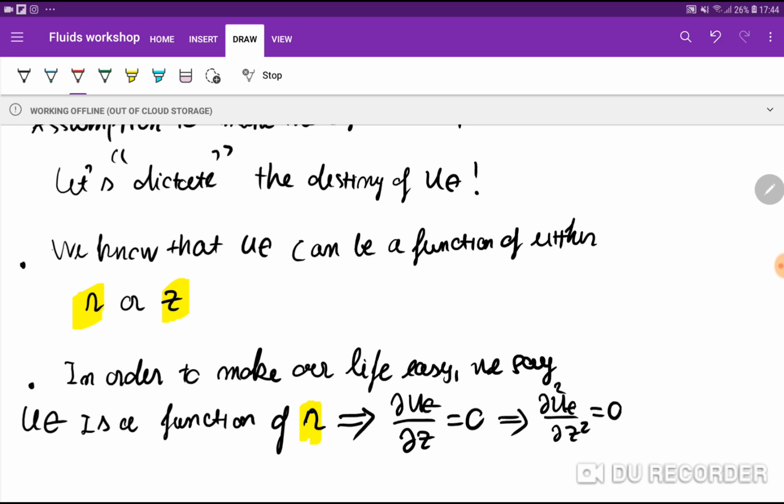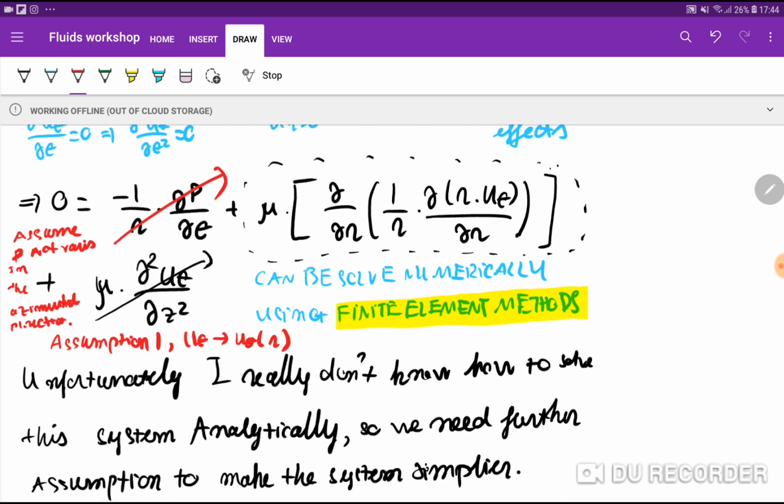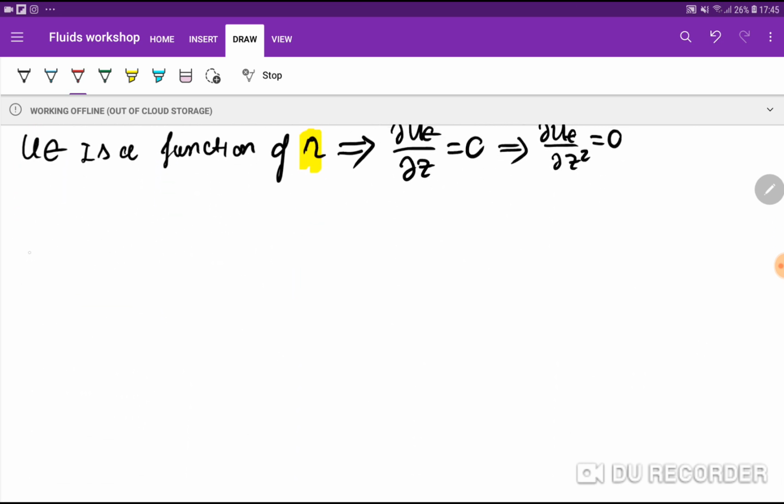We choose the mathematical terms for our benefit. And the second assumption is there are no pressure variations in the theta direction. Now, with that being said, you only have one term left, right? You have the mu terms.